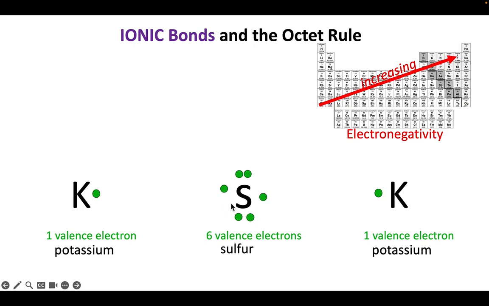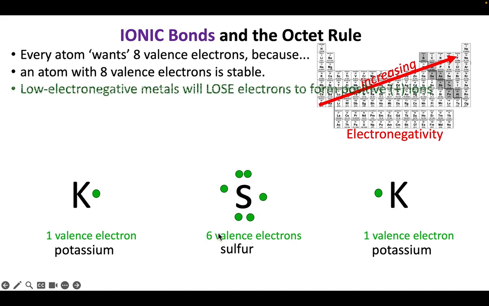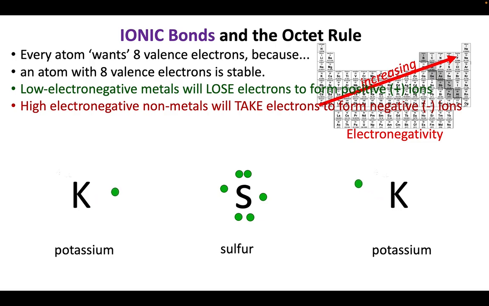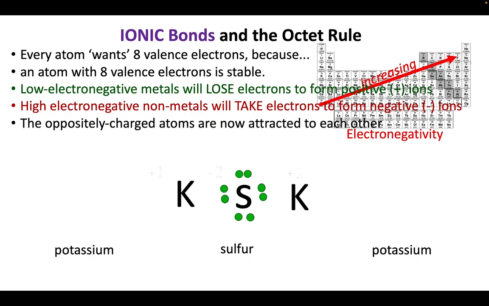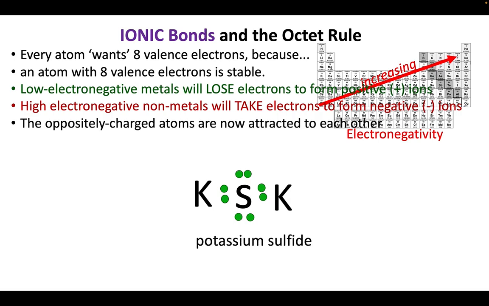They all want that full outer shell, but sulfur is strong enough to take those electrons from the potassiums, leaving them positive, leaving the sulfur negative. They're like little magnets that now stick together to neutralize each other, so this would be called potassium sulfide. And it's because electrons are stolen from the metal by the nonmetal.